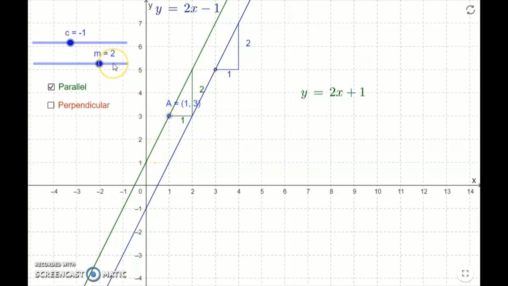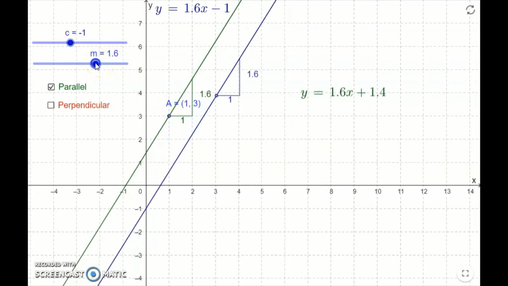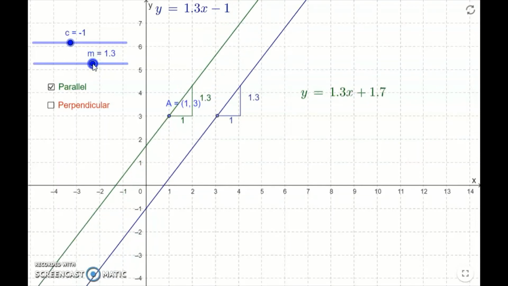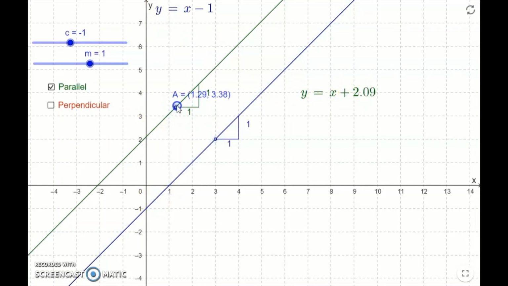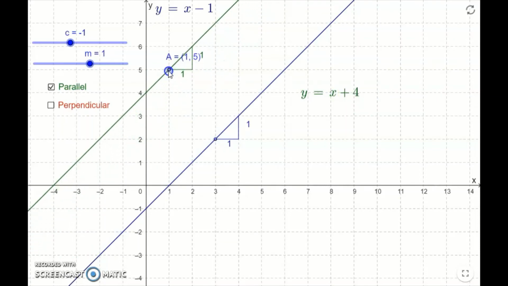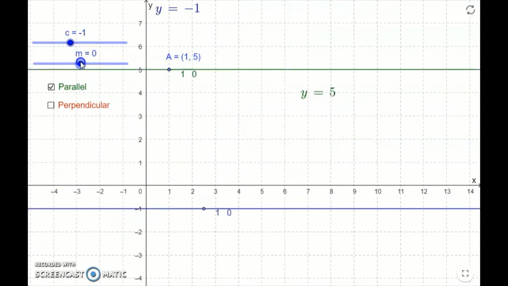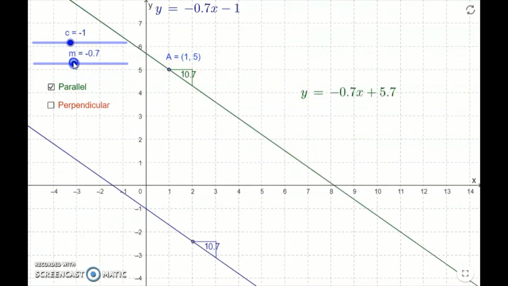If I change my original line to have a different slope, then here we can see slope of 1, and we can see y equals x minus 1 and y equals x plus 2, and I can pick any other point and ask for a line parallel to my original line, but it must have the same slope, even if I make my slope 0 or negative.